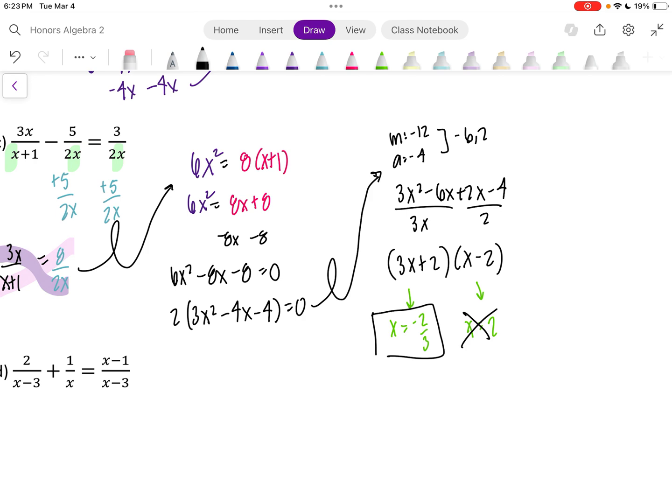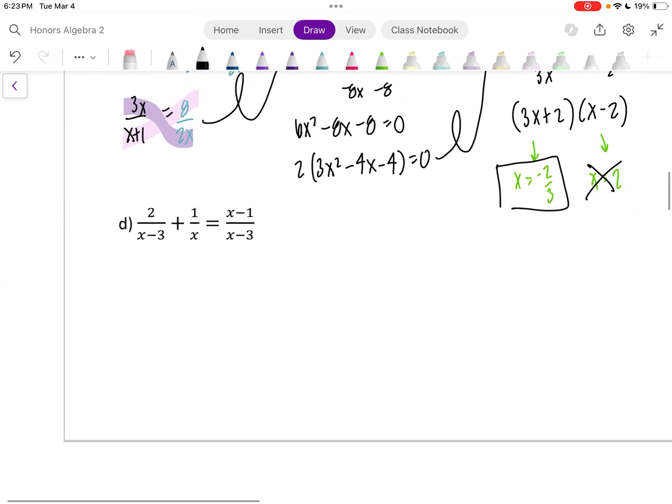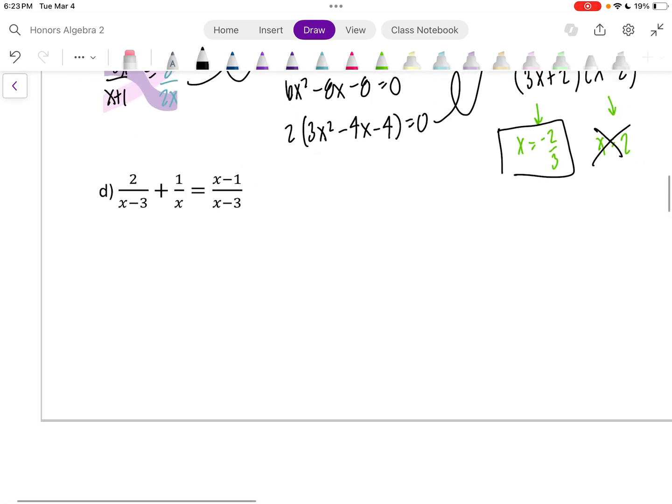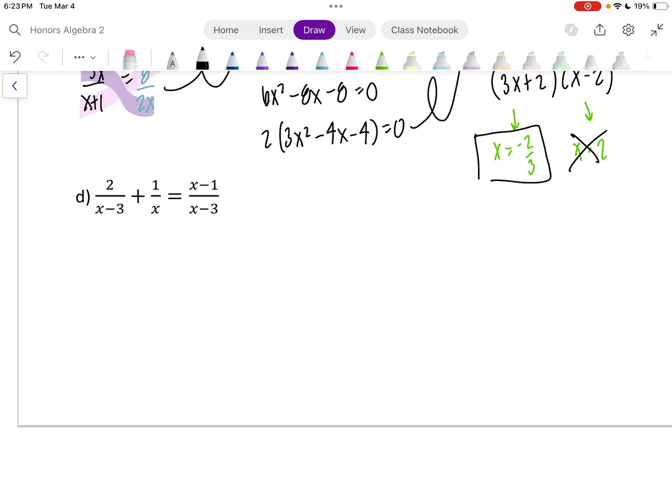Okay, last example before I set you free to your homework. You just multiply everything by the least common denominator because you can't, you could subtract the 2 over, but I'm just going to multiply everything by the least common denominator. So this is going to be x minus 3 times x.